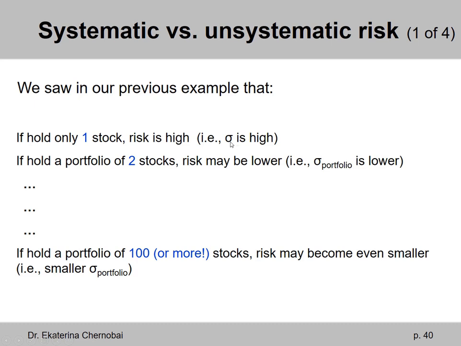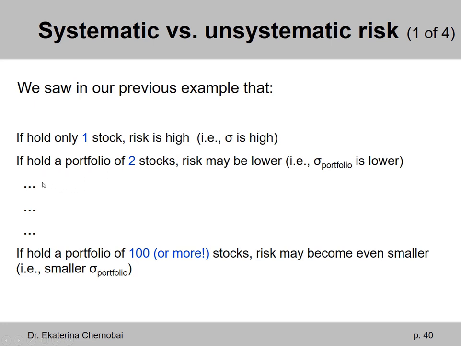We also had a couple of examples with a portfolio of two stocks in which we saw how we can combine two risky stocks, and as a result, the portfolio standard deviation may be lower than the two stocks' individual standard deviations.